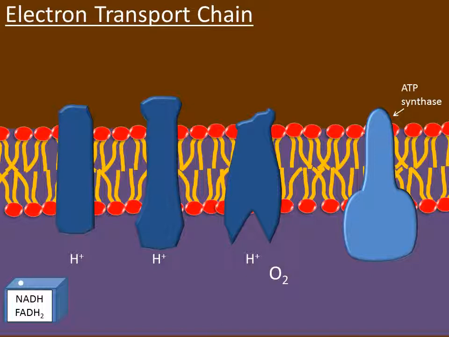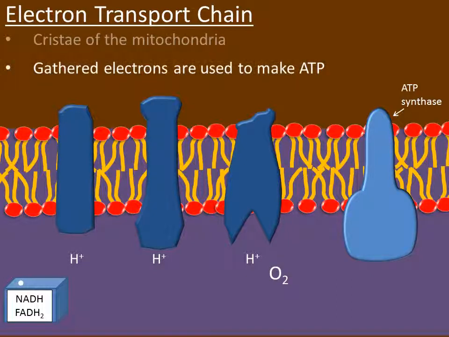Okay, so here's the electron transport chain. Recall this membrane is the cristae, which is inside, it's the inner membrane of the mitochondria. What we see here are a number of proteins spanning the membrane. Now what happens in the electron transport chain is that these electrons we've been gathering and sort of saving as NADH and FADH2 are going to be transferred from one protein to another, thus the idea of transporting electrons across a chain of proteins.